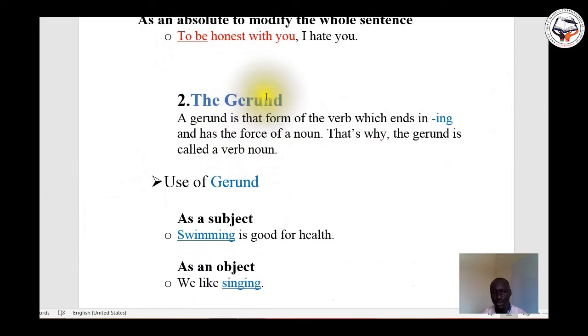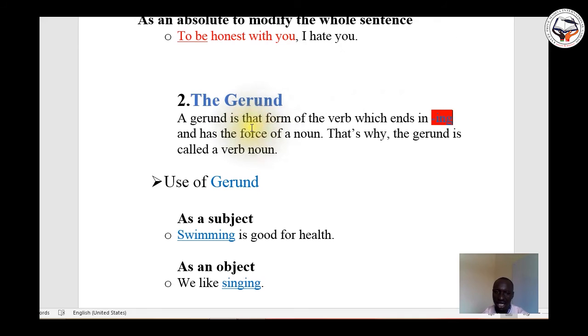The gerund, what is it? A gerund is that form of the verb which ends in ing. So if you are to talk about the gerund, that means we have to put ing at the end of the verb.